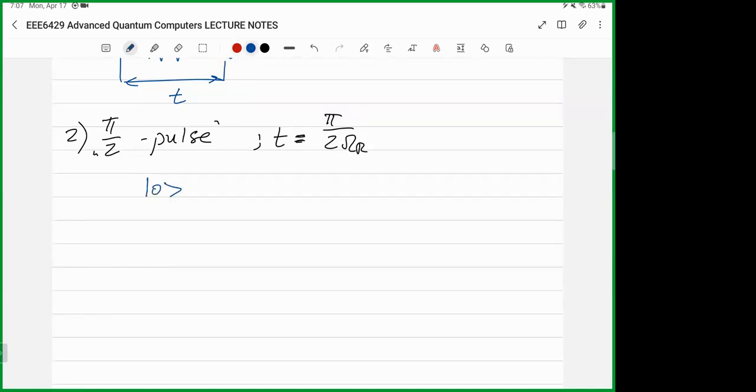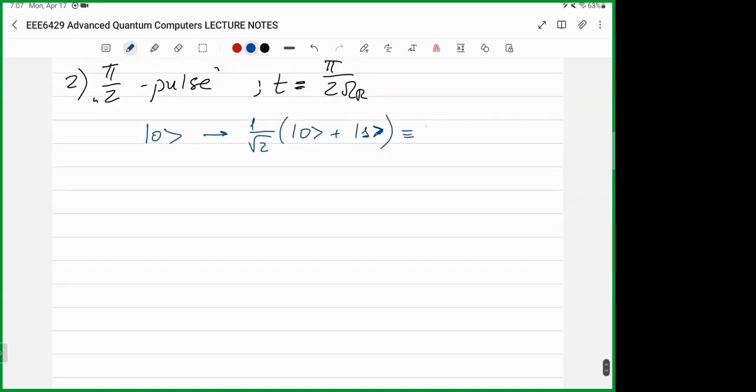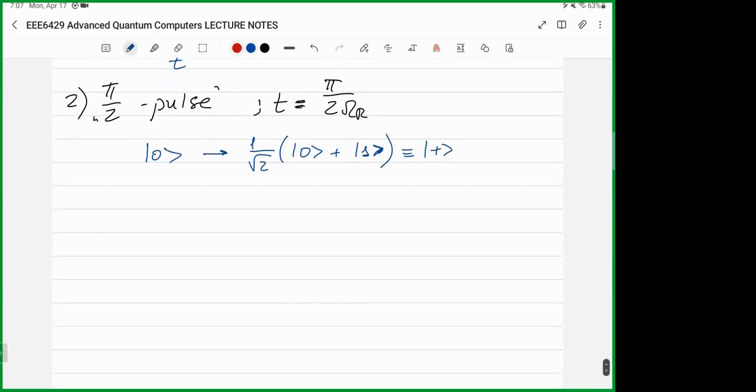So in this case, what happens is the transition from the ground state to the state 1 over square root of 2, 0 state plus 1 state. And this is nothing but the state plus, and the pi over 2 pulse enables the Hadamard gate, H gate, right?